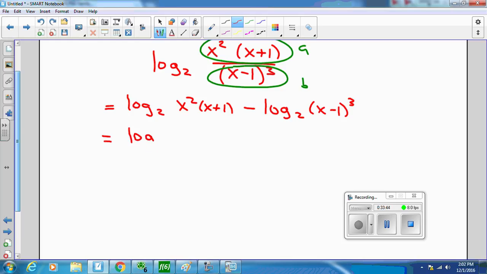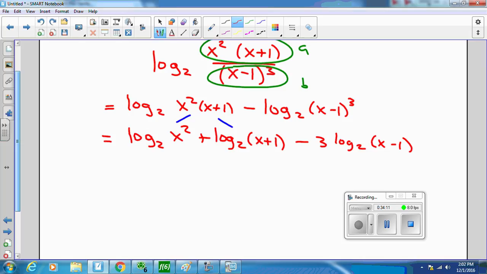And then I can take each one of these expressions and further decompose them. So this first term right here is the product of x squared and x plus 1. So I can rewrite that as the sum of the logs, like so.